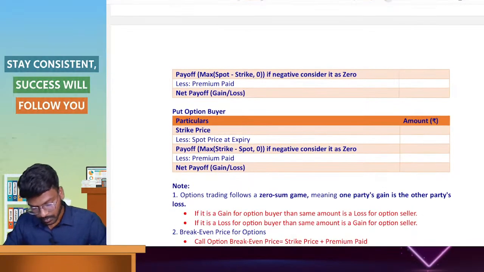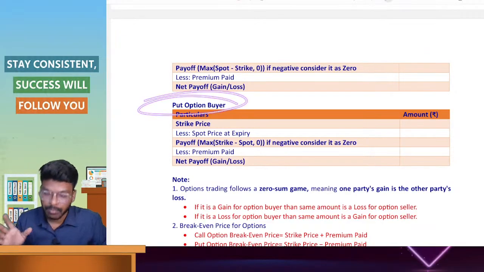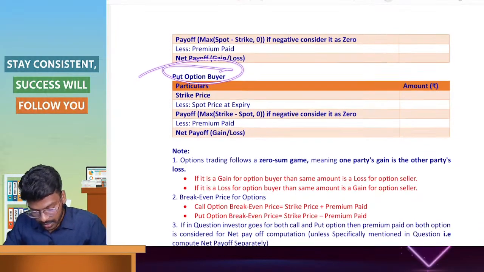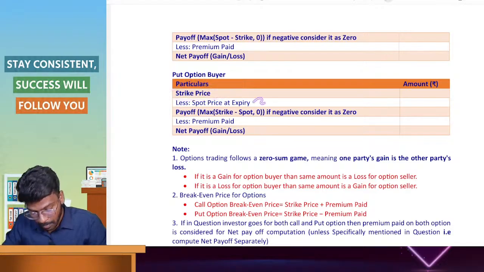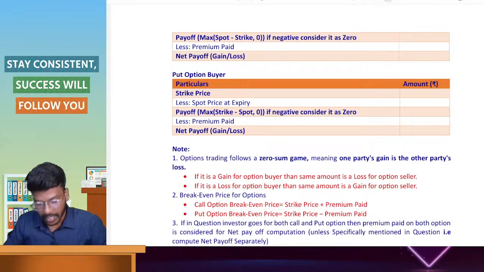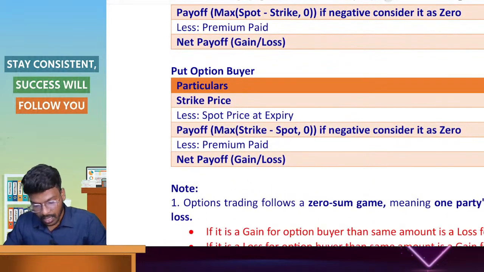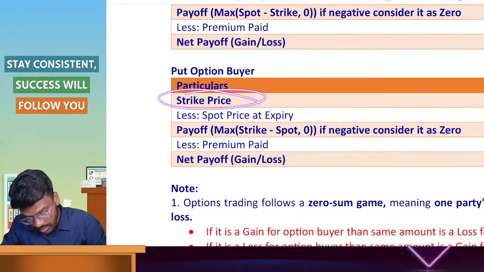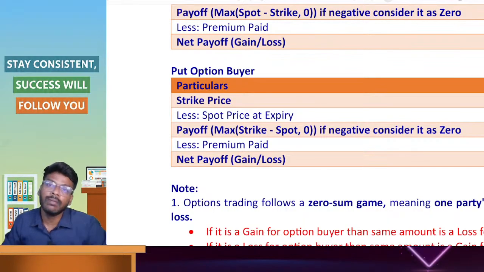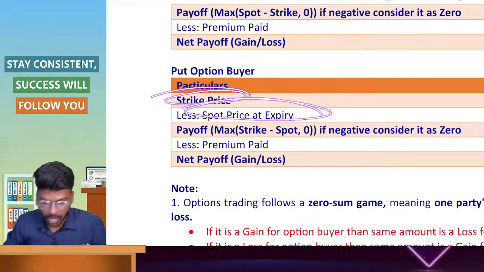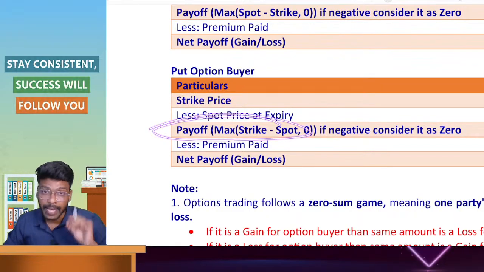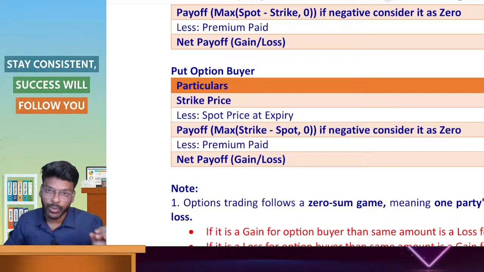For the put option buyer, strike price minus maturity price will give you the payoff. In case of a put option, he has an expectation that the price will fall. So only if the spot price is lower than the strike price can the put option be exercised.